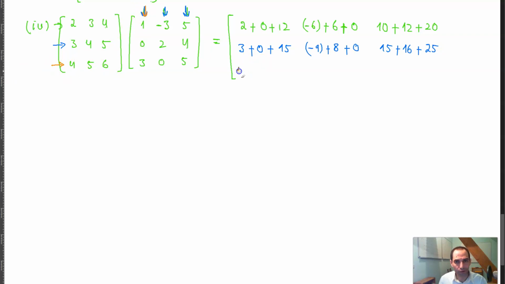4 times 1 is equal to 4, 5 times 0 is equal to 0, 6 times 3 is equal to 18. This column, negative 12, basically 5 times 2 is equal to 10, and 6 times 0 is equal to 0. And this column, 4 times 5 is equal to 20, 5 times 4 is equal to 20, and 6 times 5 is equal to 30.